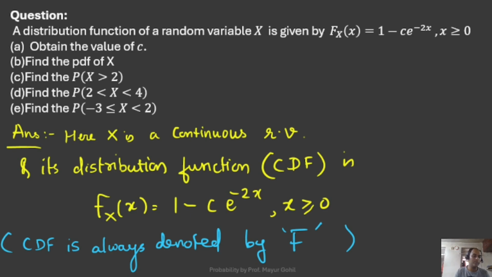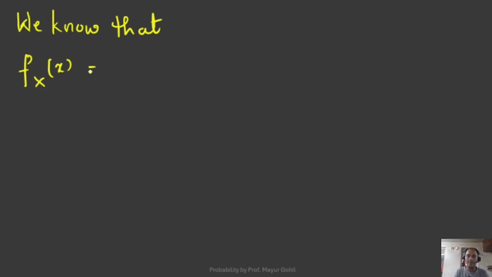Now, how do we find the PDF from a CDF? That is one question. So let us use a property here. We know that the PDF, small f of x, is the derivative of capital F of x.